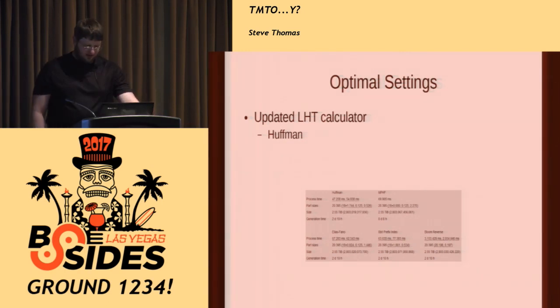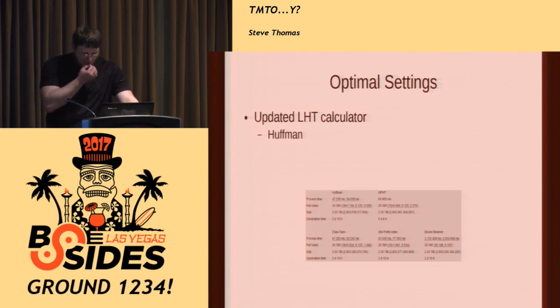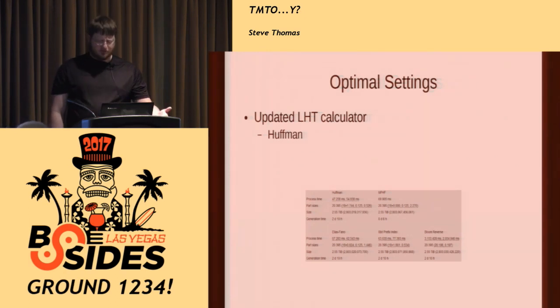Can you see that? This is a screenshot of the Lossy hash calculator that I wrote. Basically, you put in all the settings. There's actually full auto, so it just does everything for you. For the most efficient one, I standardized them all to the same size.